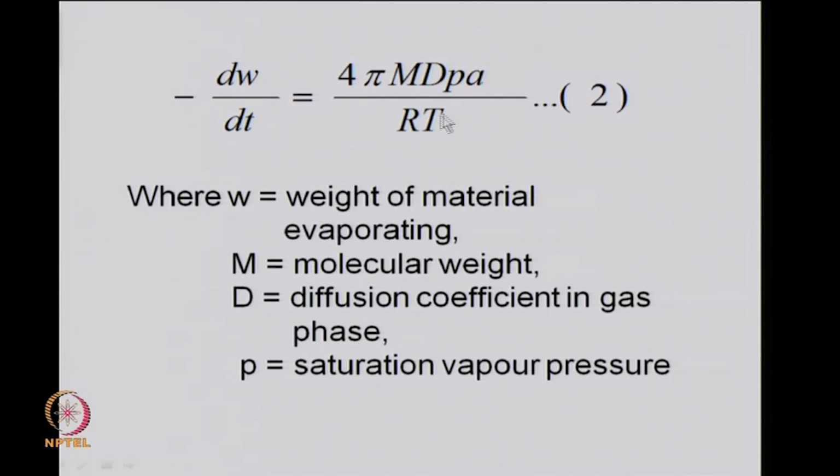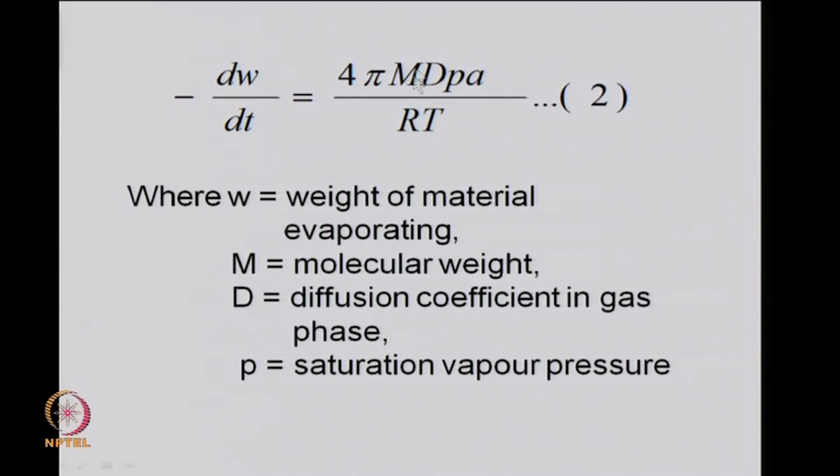You see here that we have the diffusivity and a p by RT term. The vapor pressure by RT is the gas phase concentration that would be present at the interface between the droplet and air.